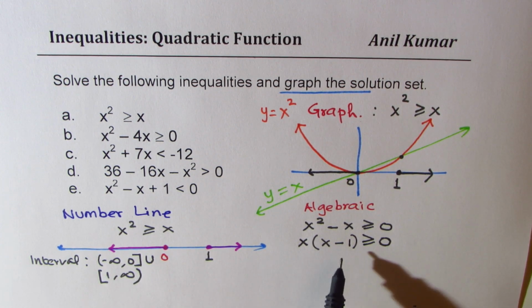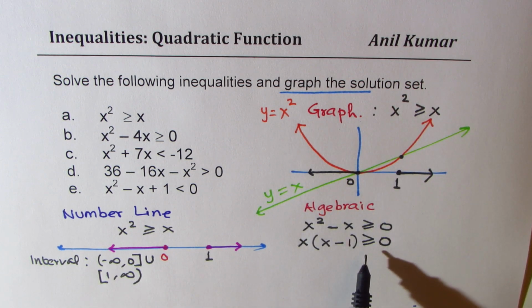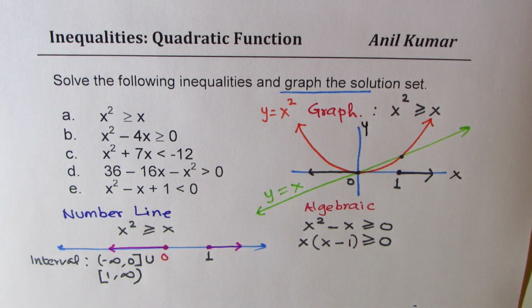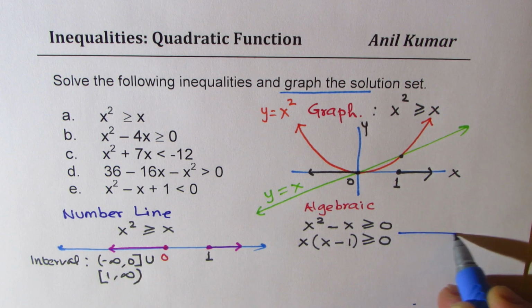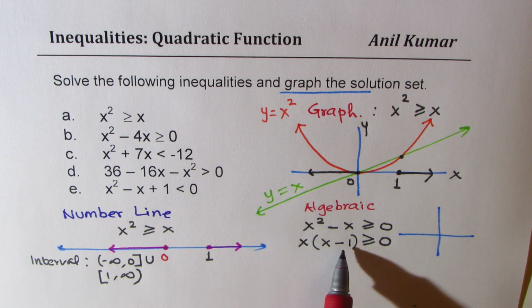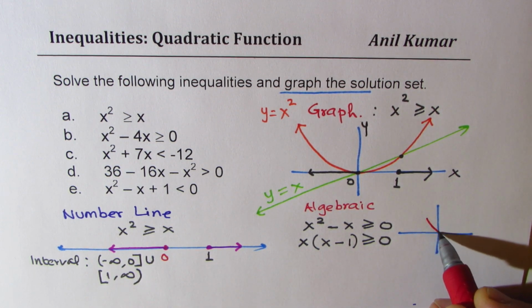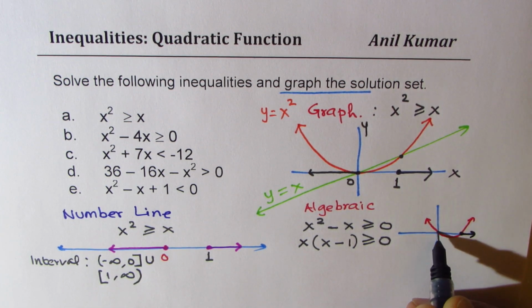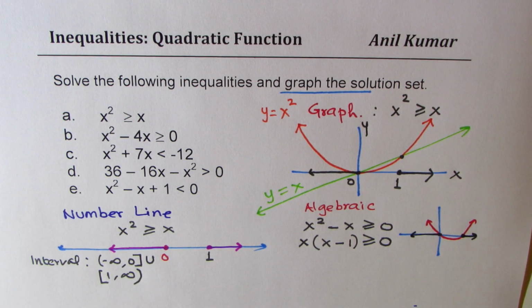Now, basically, we could again sketch and then see the portion which is above the x-axis and get our solution, correct? So let me show you this solution on the right, a small sketch. We have two zeros, one at 0, the other one at 1, so it's kind of like this, right? Greater than equal to 0 means the portion where the graph is above x-axis. So we get the same solution, right?